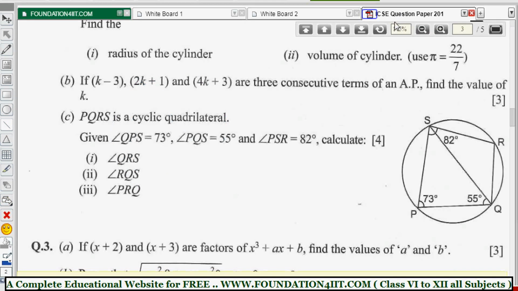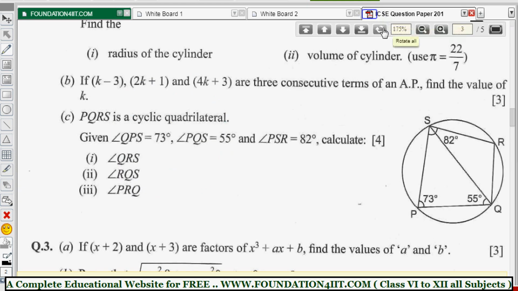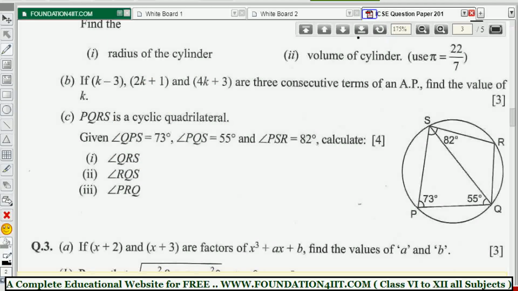So angle SPQ is 73 degrees, this is given, and the total angle PSR at S is 82 degrees. This is 55 degrees.